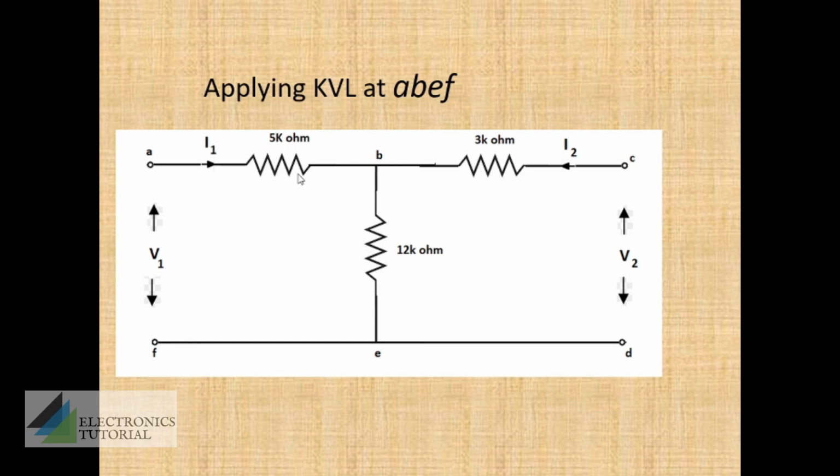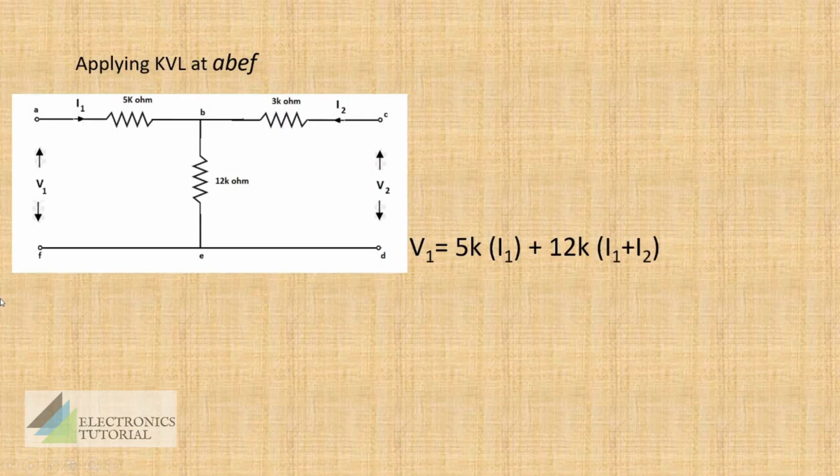The drop across 5 kilo ohm can be written as 5K into I1 and that across 12K can be written as 12K into the effect of two currents, that is 12K into I1 plus I2. Then the equation becomes V1 is equal to 5K into I1 plus 12K into I1 plus I2.